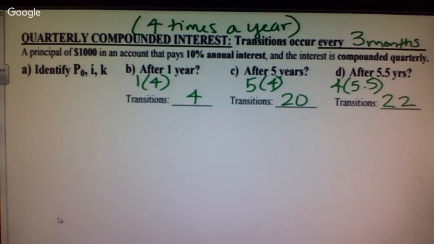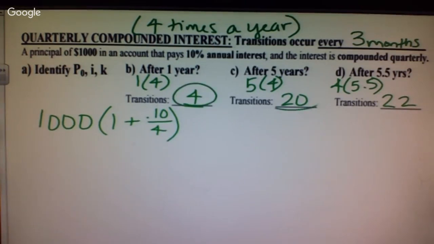A principal of $1,000 in an account pays 10% annual interest, and the interest is compounded quarterly. So what does my equation start with? My initial amount is 1,000 times 1 plus 0.10. Because it's compounded quarterly, I have to divide this by 4 this time. It's how many times it happens a year. Raised to whatever these values are.